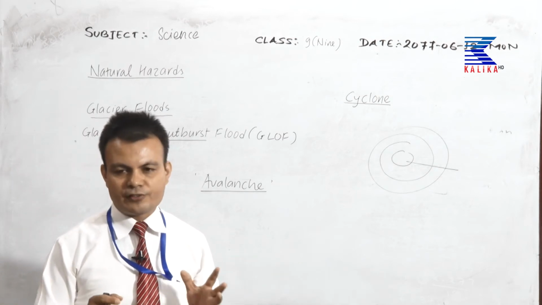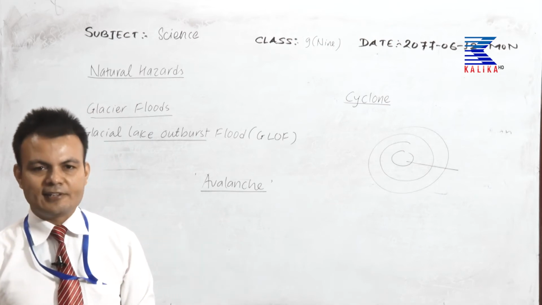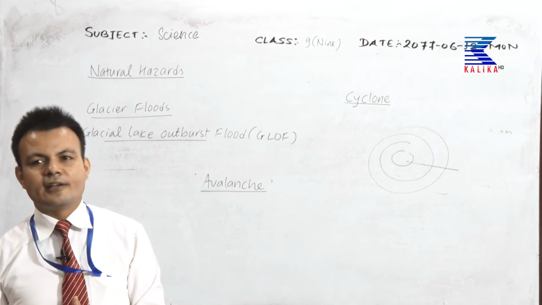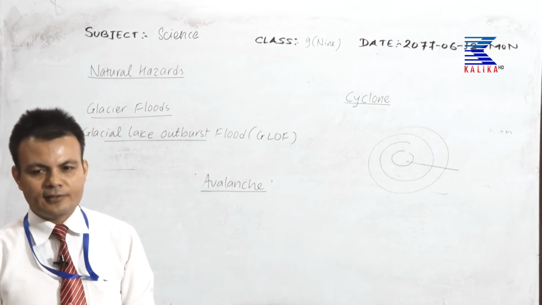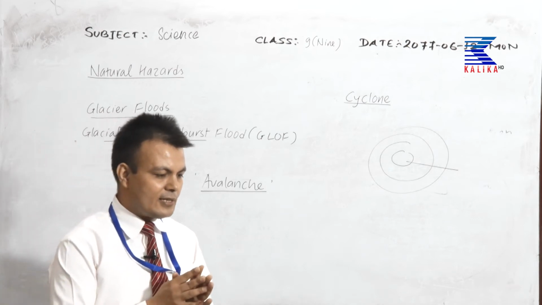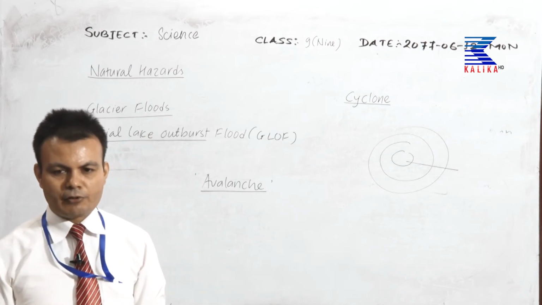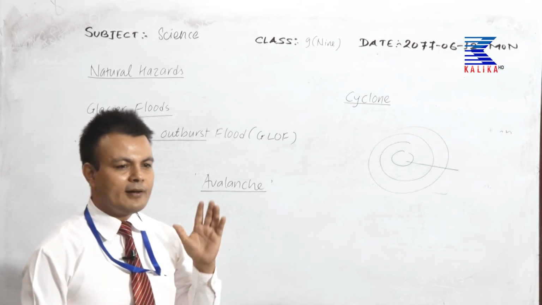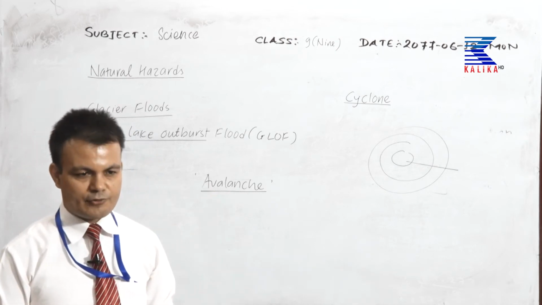That's a glacier flood. Because of glacier floods, some rivers, including the Narayani, Saptagandaki and Saptakoshi, also get flooded even though it is not rainy season, because they are fed by the glacier. That's the reason.